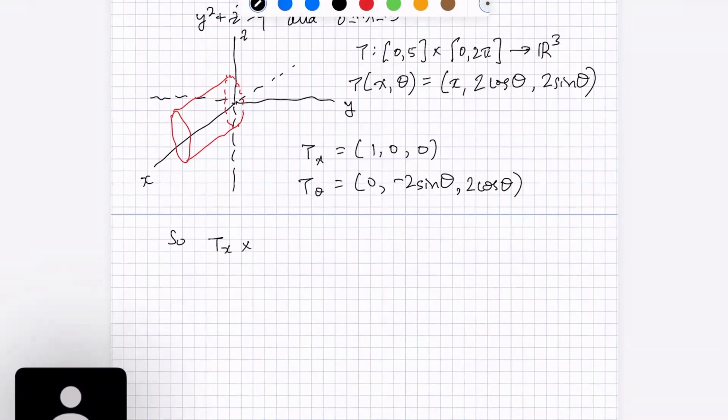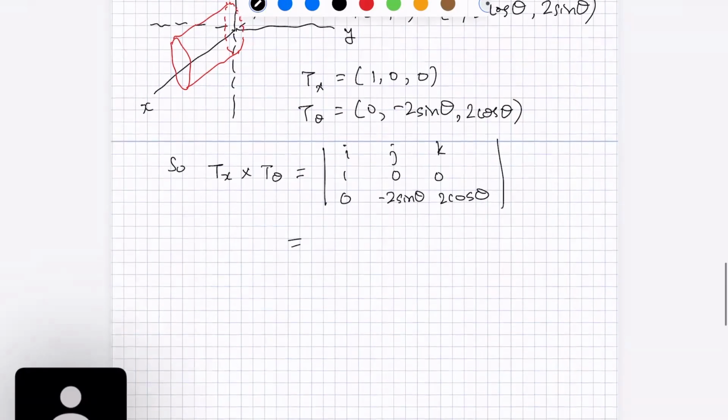So let's compute the cross product. i, j, k; 1, 0, 0; 0, minus 2 sine theta, 2 cosine theta. The first term is 0. The second term is negative, there's an inherent minus sign, negative 2 cosine theta.